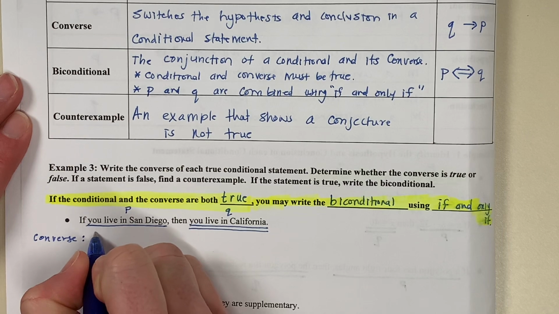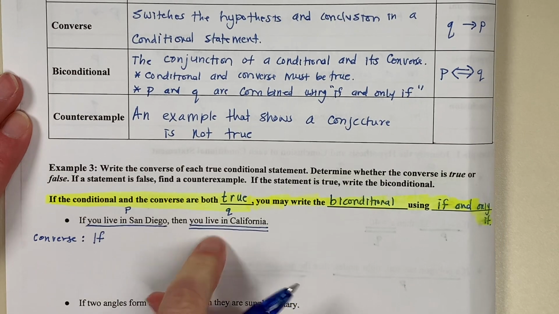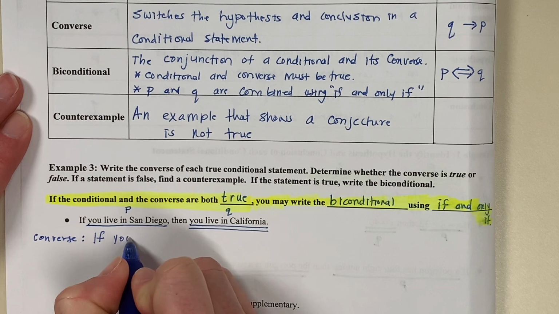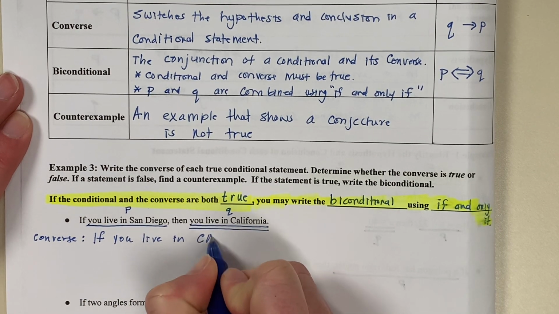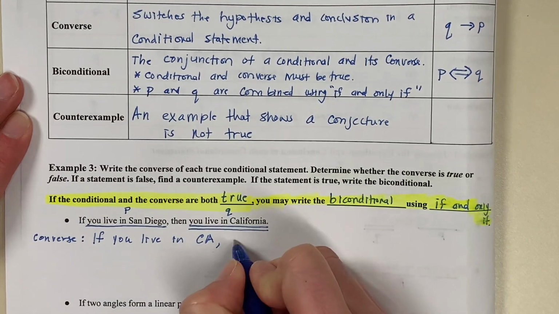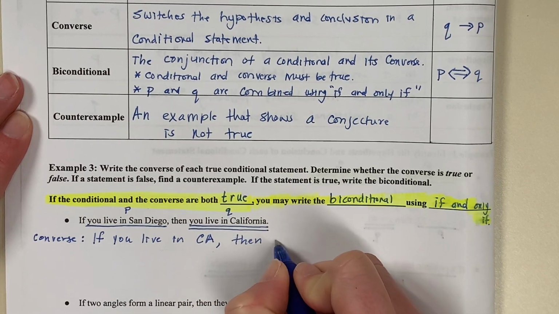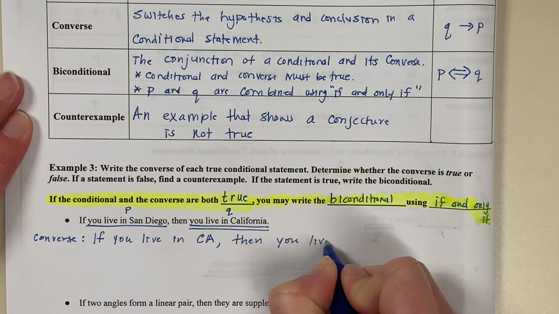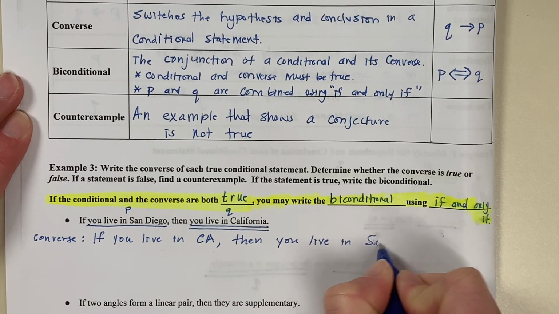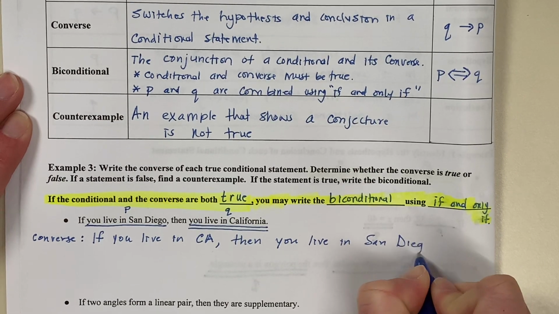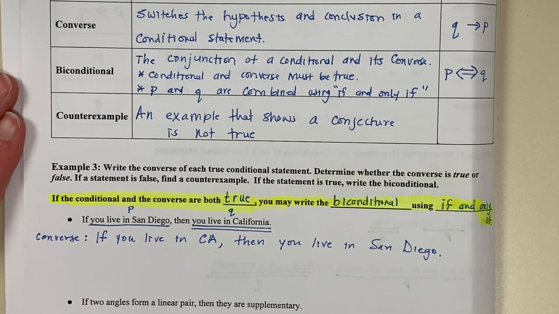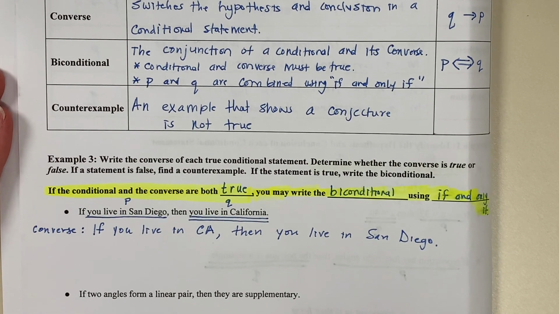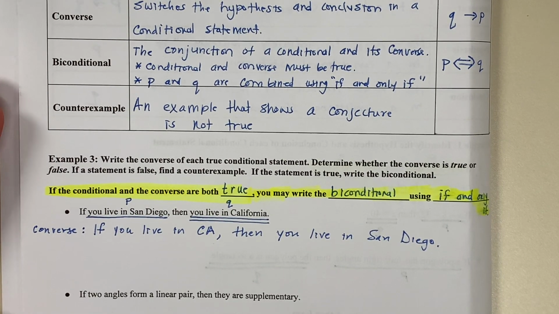So the converse would be, if you live in California, I'm going to abbreviate California, CA, then you live in San Diego. Okay, so notice the if and the then stayed in place, but I just switched my hypothesis and conclusion, P and Q. Now, we need to determine if this statement is true or false.